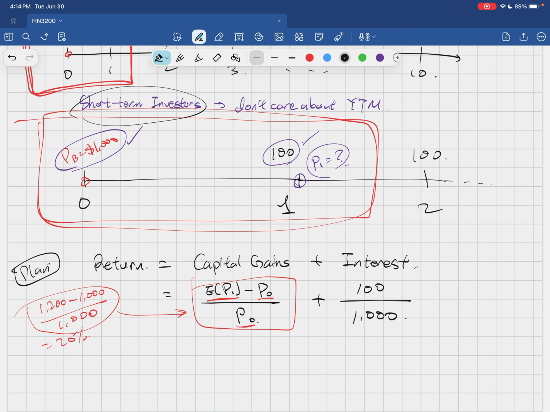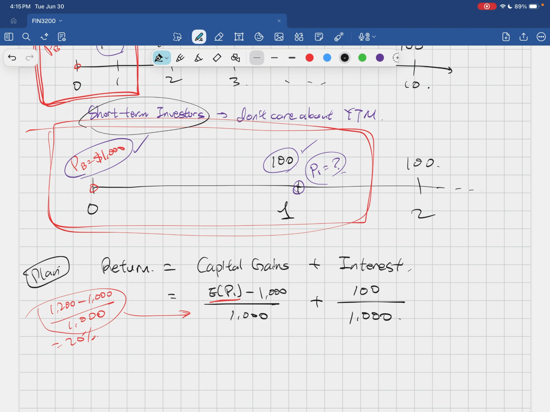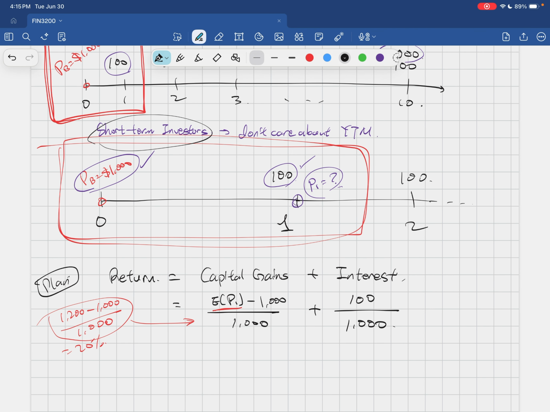Actually, let me just put in numbers here so it's less confusing. $1,000 they put in, $1,000 they put in, okay? And here's the tricky part. We're not gonna go into much detail, but the key thing here is the expected price of this bond in time 1, using all available information at time 0, is still $1,000.